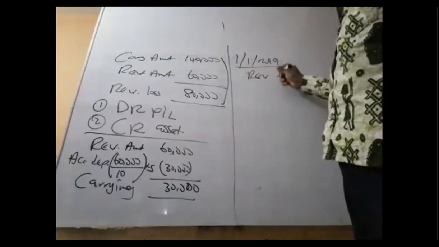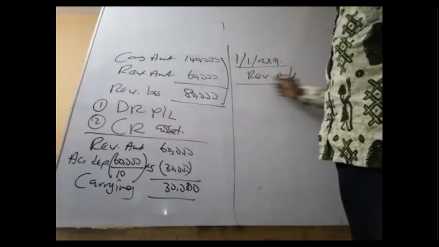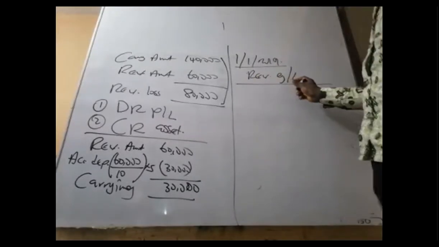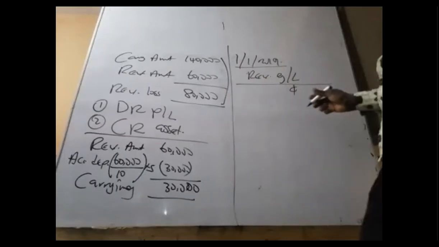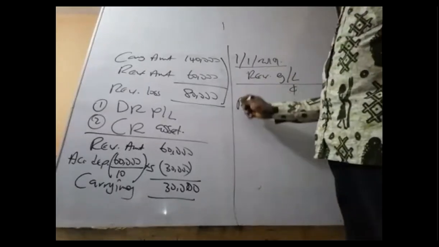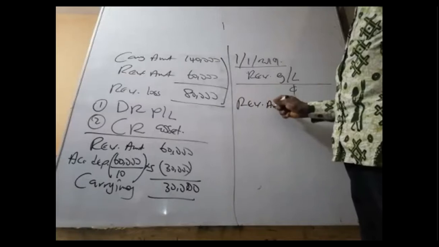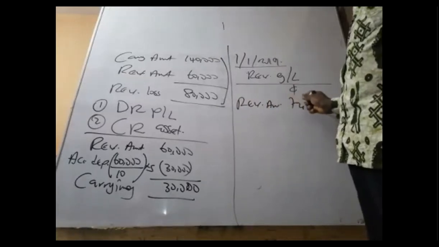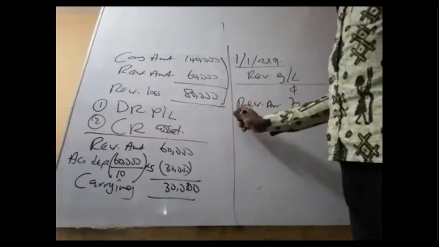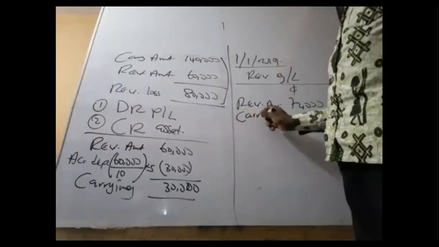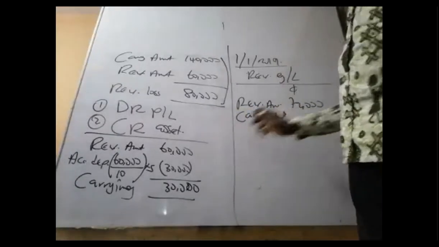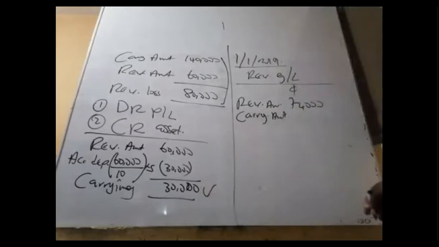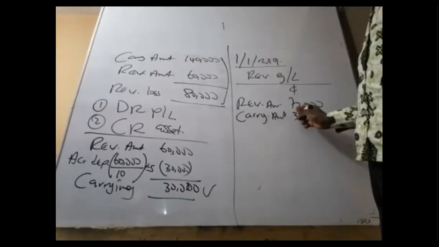We are calculating what? Revaluation gain or loss. How do you get it? Add a figure here. Then you bring the revalued amount, which is 72,000. You bring the current amount at the date of valuation, which is the 30,000 here. So bring the 30,000.